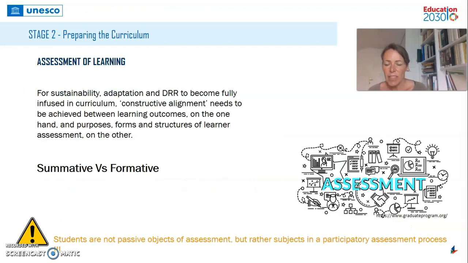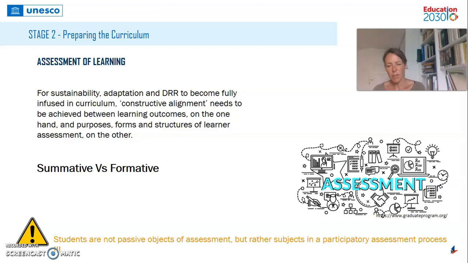We mentioned already that assessment is important, and for sustainable development, adaptation, and DRR to become fully infused in a curriculum, we have to look also at what are the most appropriate assessment methods. We talk about summative and formative assessment.